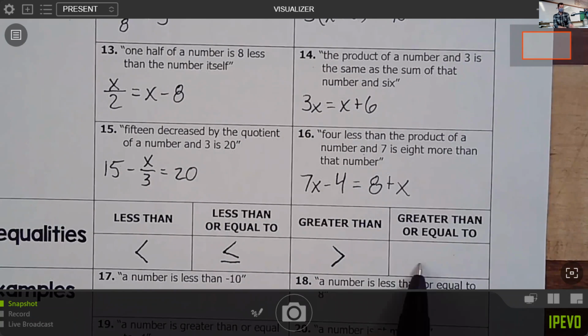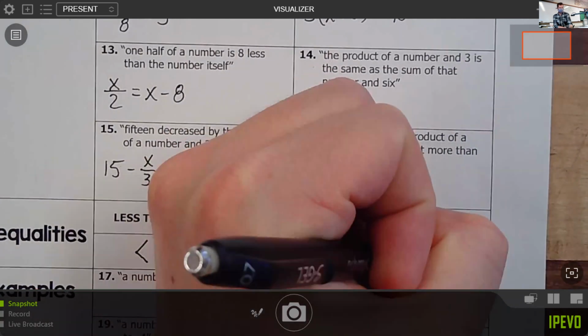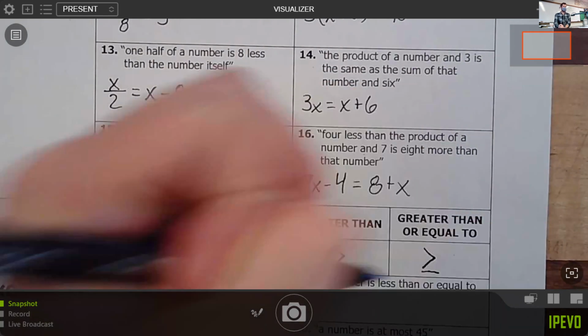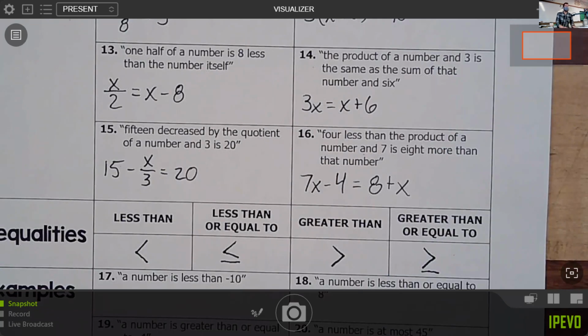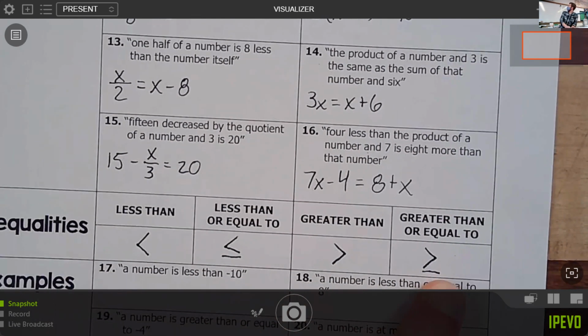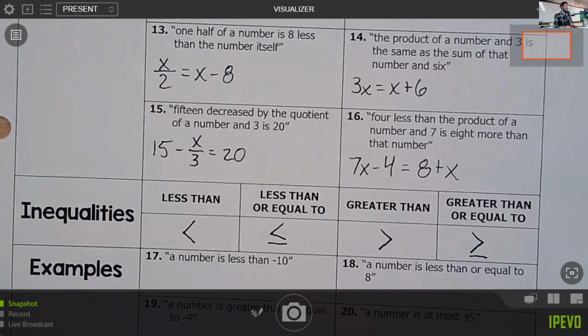And then greater than or equal to, with half an equal sign underneath. All right. So take a look, make sure you have these 4 symbols written down, please. So we got less than, less than or equal to, greater than, and greater than or equal to. Now, when you are going through these examples, I want you to ask yourself 3 questions.